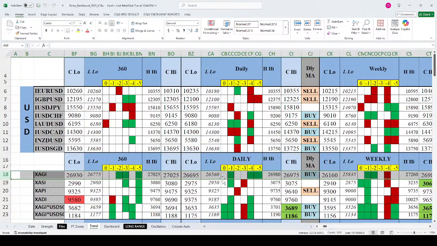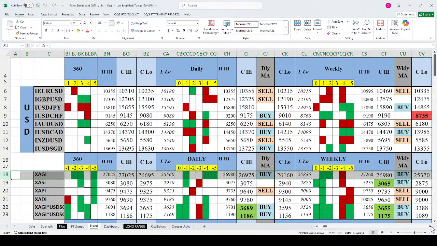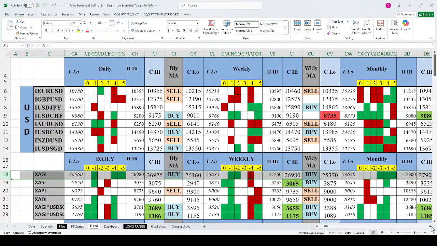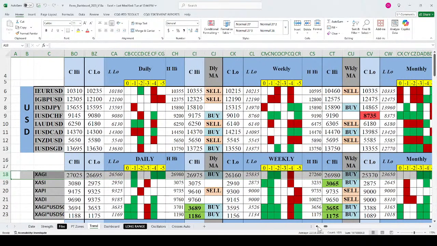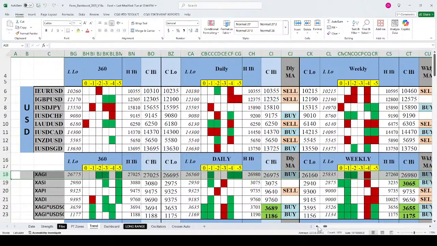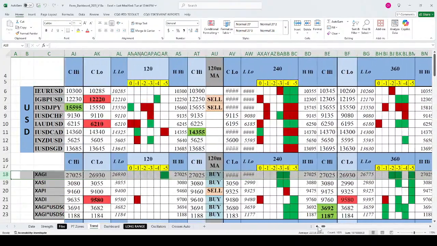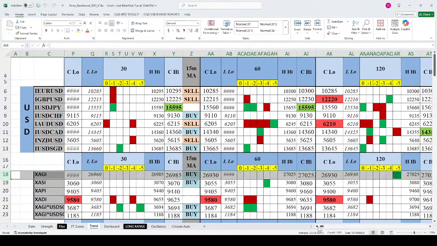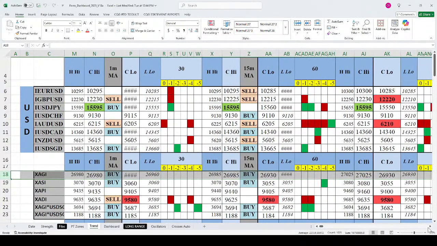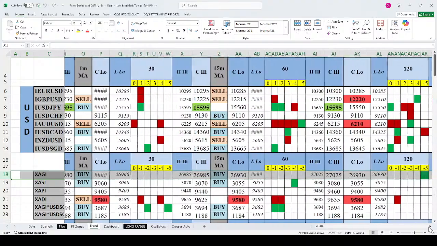Daily is flat with an upside bias, with 3 up closes on the daily. Weekly is flat with an upside bias, and monthly is also flat with an upside bias, which means we don't have any selling force involved. So we should be going for a buy and hold or cautious buy.